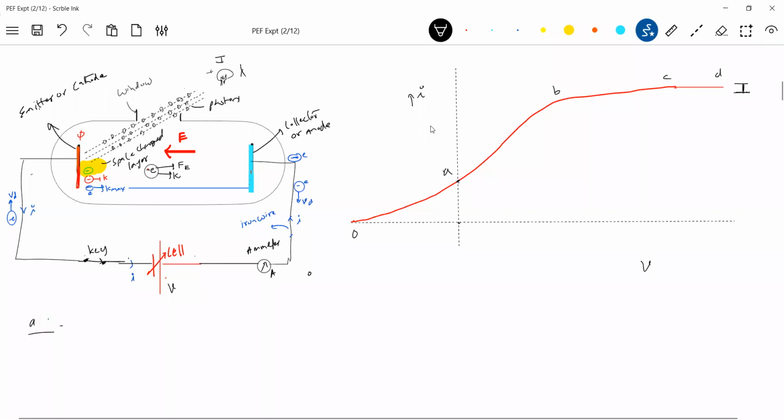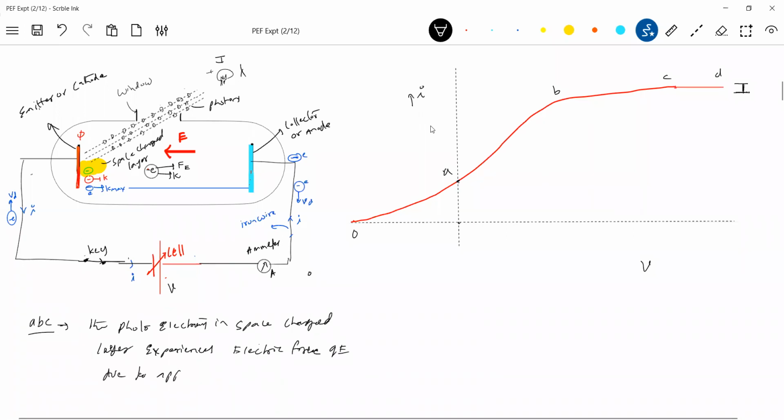For this part of the curve, what is the expression? You can write it here. The photoelectrons in the space charge layer experience an electric force QE due to the applied PD from the cell.